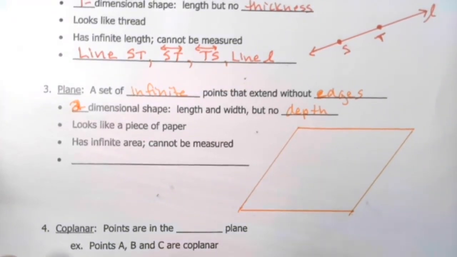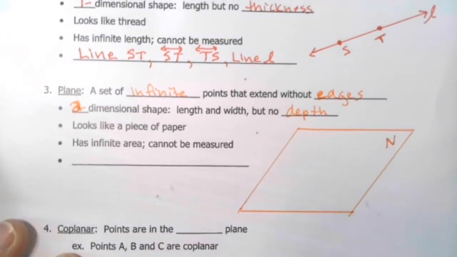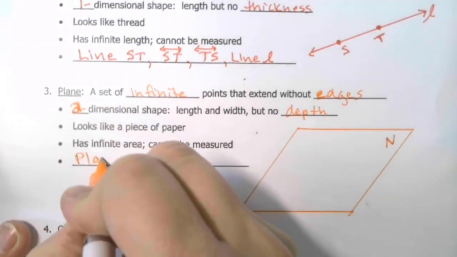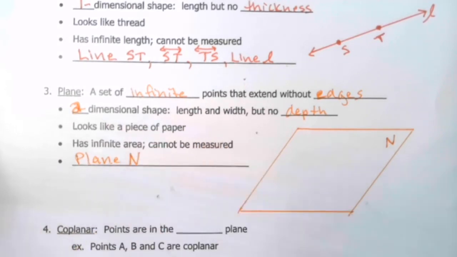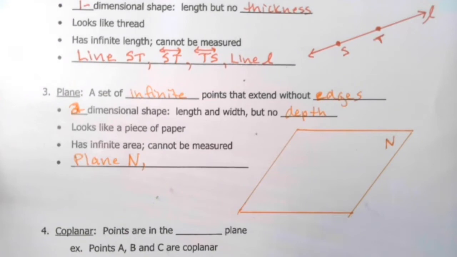Okay, so one way to name a plane is with a capital letter. We're going to call it capital N. We could say this is plane N. That's one way to label it. Another way to label a plane is with any 3 points that are in the plane, or sitting on the piece of paper.